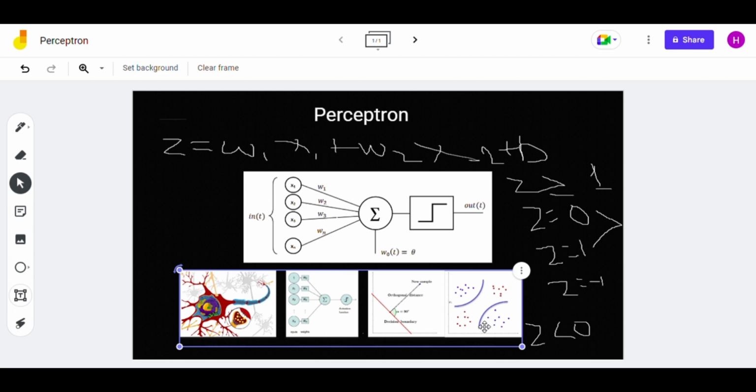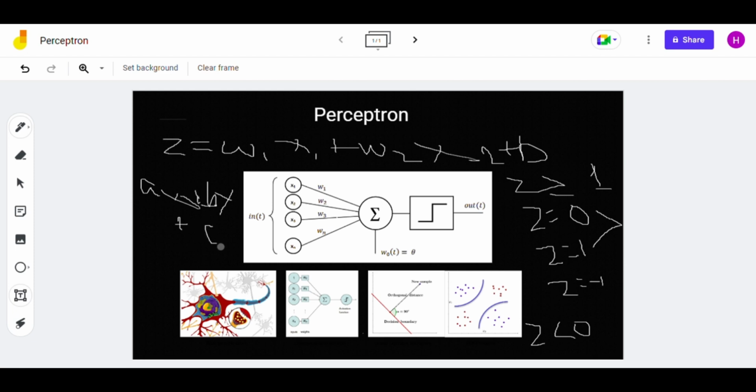So this was a basic intro of perceptron. A quick revision: inputs called x1, x2, and then there are weights, and then they combine to form an equation. And z is basically similar to a line equation. What is a line equation? Line equation is ax plus by plus c.